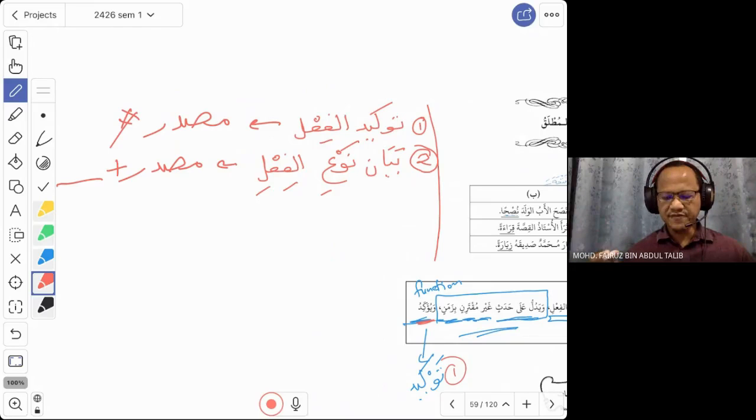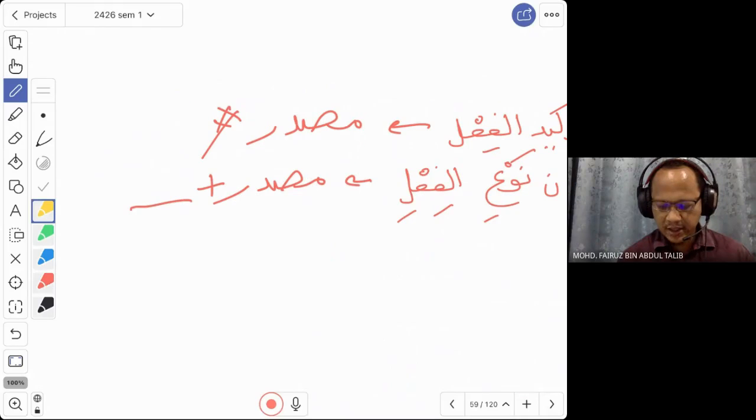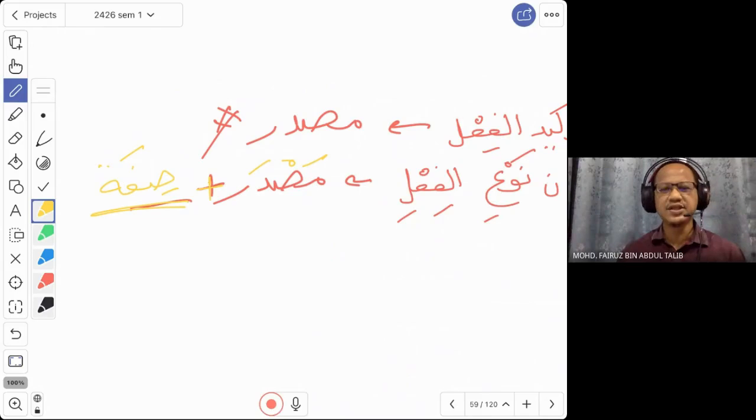But if you want to use it for the second function, bayan nau' al-fi'l, first you need to have the masdar. Second, you need to have another word following the masdar, and normally the word is in the form of sifa, an adjective. You just add one adjective to the masdar, then you will get the second function.